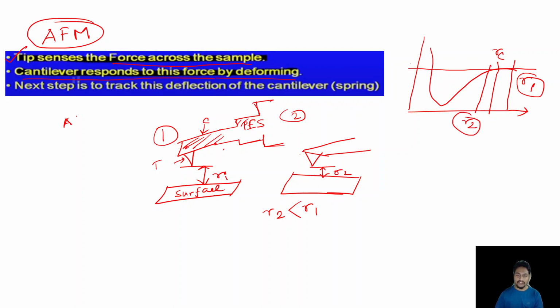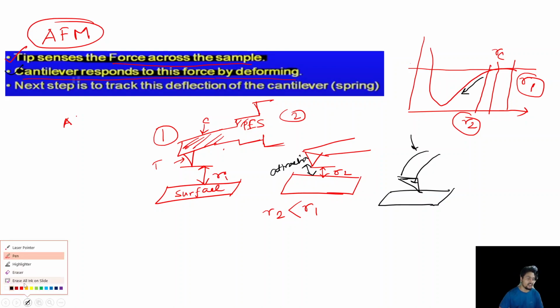Now the tip will be attracted by this surface, and due to that, this cantilever will bend like this. If we move in this direction with the distance, it will bend more and more. We'll show this by picture. So this is the cantilever case.